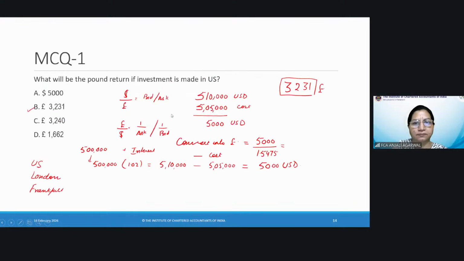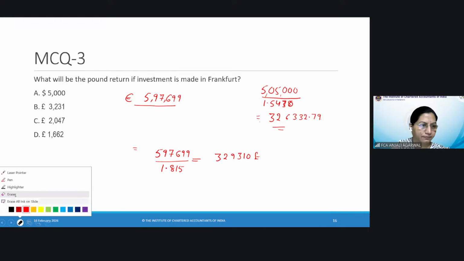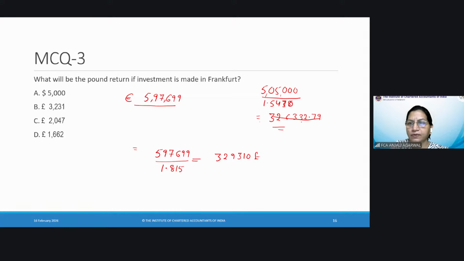So it is 327,284.51. Now 327,284 minus 329,310. So this gives you 2025 or something around this figure, right?